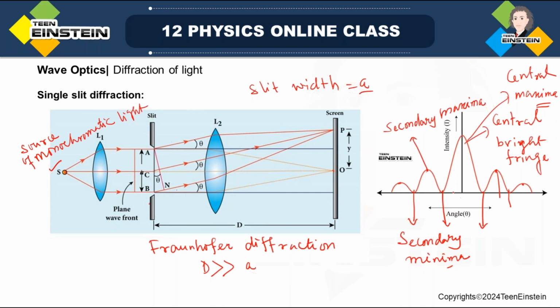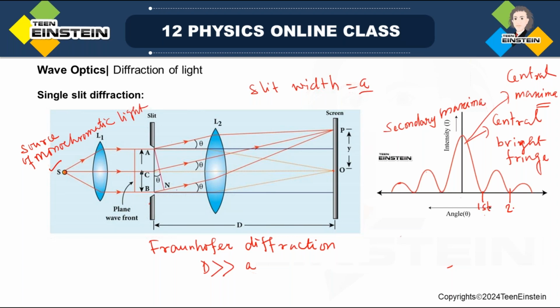One interesting thing is that, according to the position of these secondary maxima and minima, they are named by order. Just after the central bright fringe or central maxima, this is the first dark fringe, called first order.